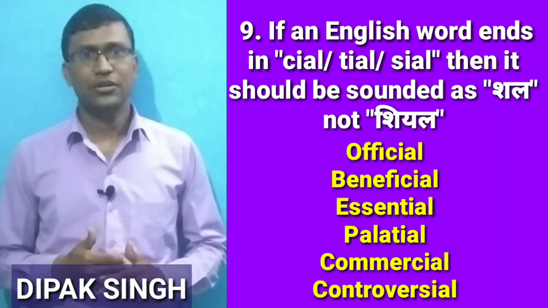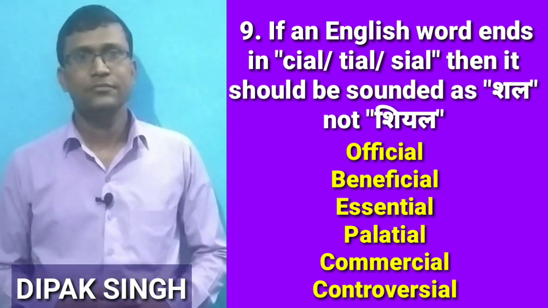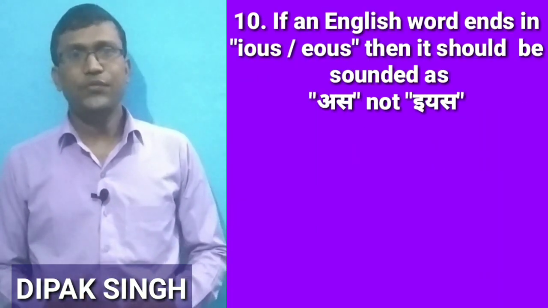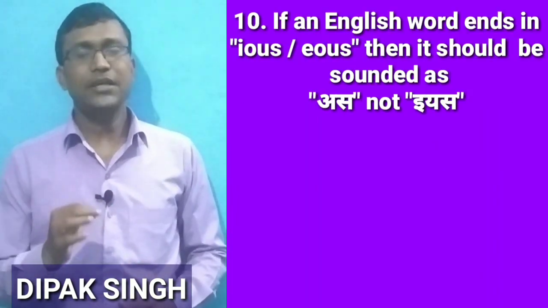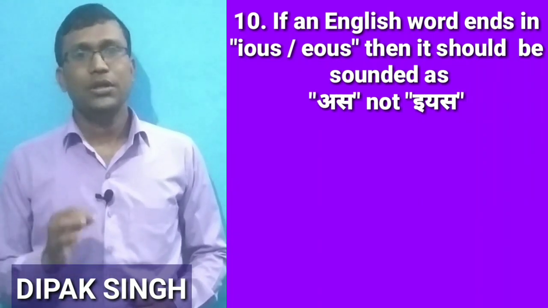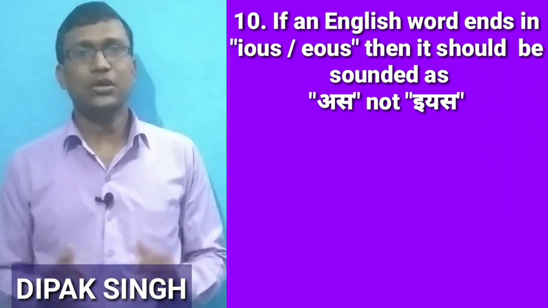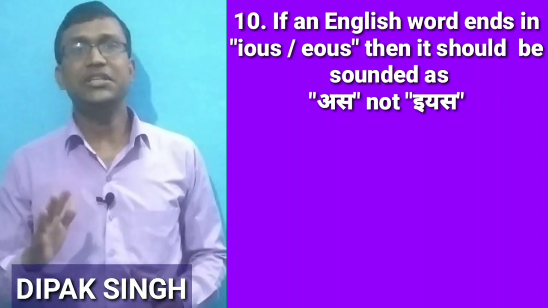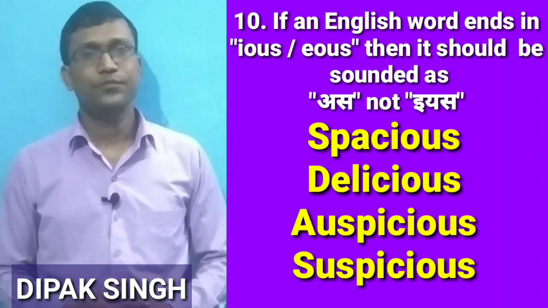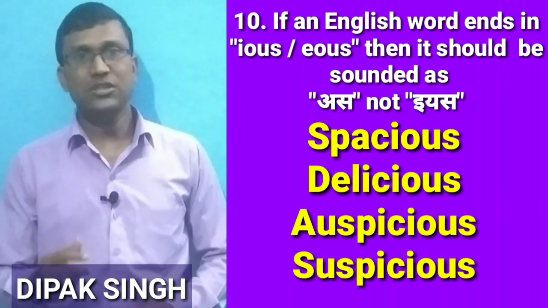Controversial, not controversial. Next rule, if an English word ends with IOUS or EOUS, then it should be sounded as us, not ears. For example, spacious, not spacious. It's spacious.